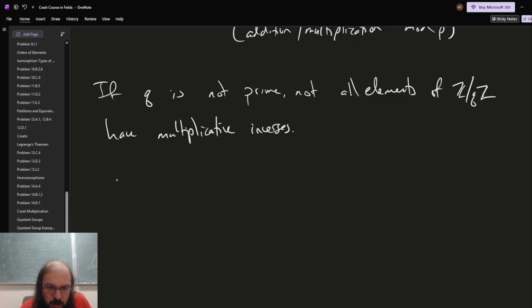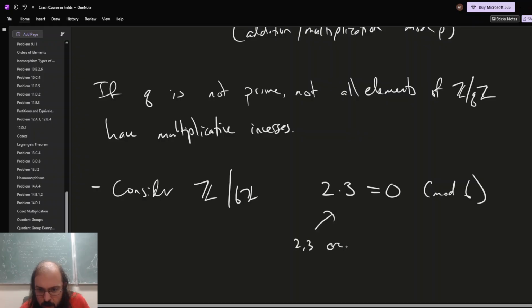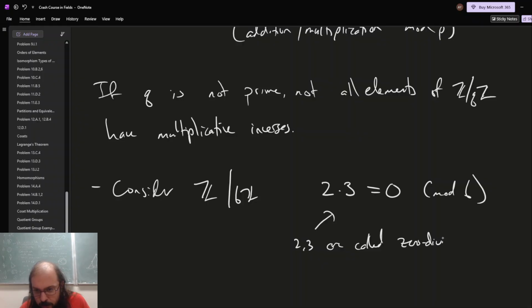So first, consider Z mod 6Z. I guess we could have done 4Z, but let's do 6. 2 times 3 is 6, which is 0. And if this happens, we call 2 and 3 zero divisors because it appears that they divide 0, right?